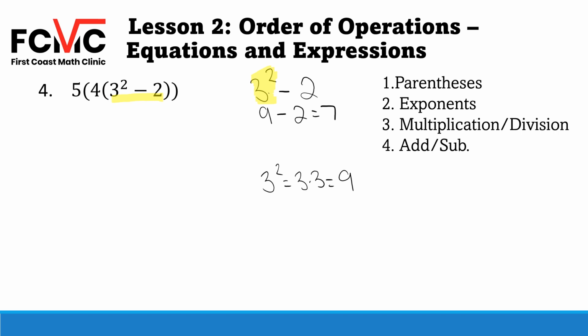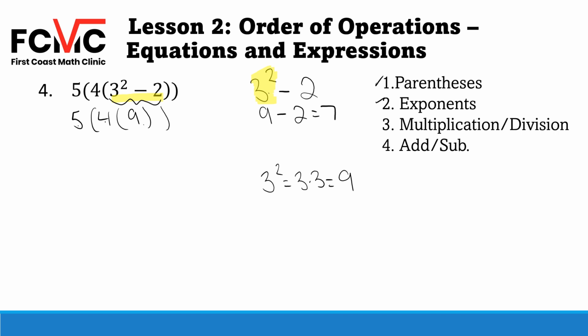So we did our innermost parentheses, we did our exponent. So everything here I can replace with 7 and then bring down the rest of my expression. Now I've got 5 times 4 times 7. Now I want to start on the innermost parentheses again.